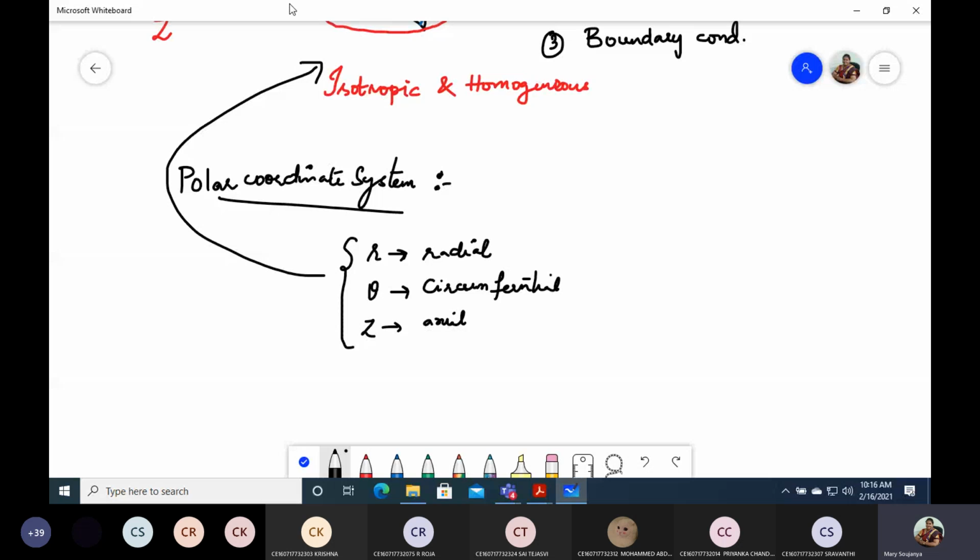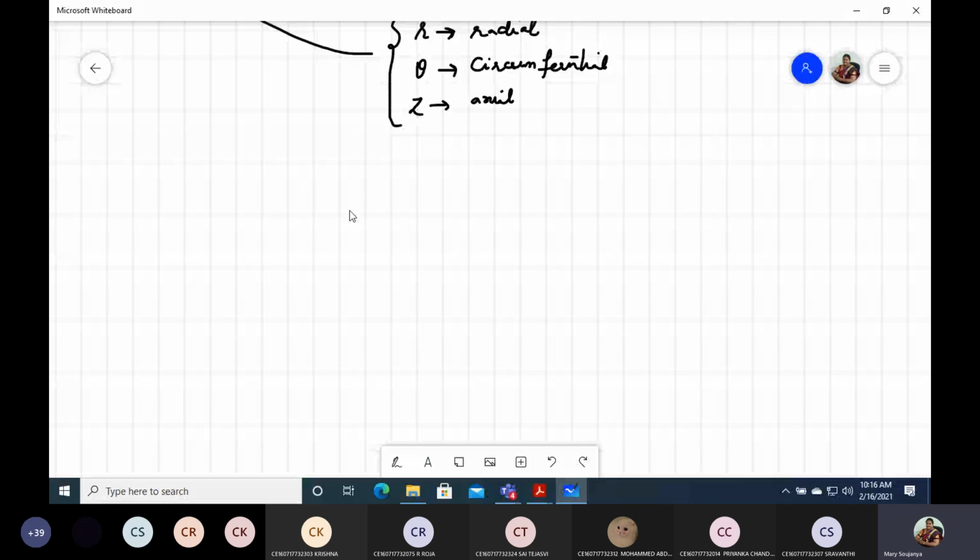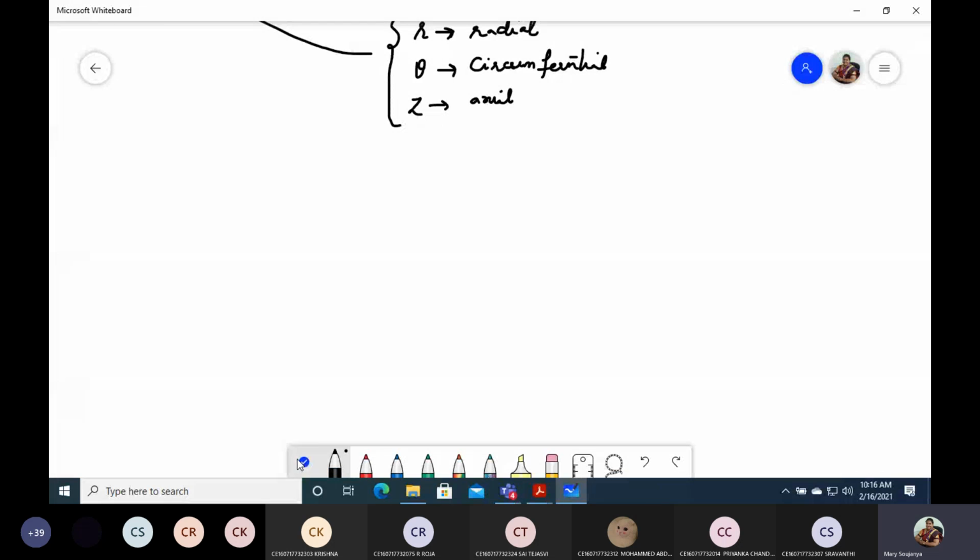Please note down. The first condition would be, the domain should have an axis of symmetry, and it is considered as the z-axis.